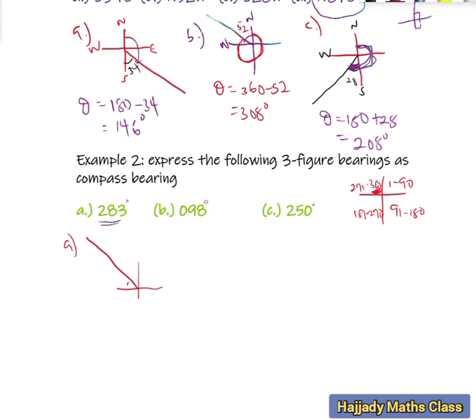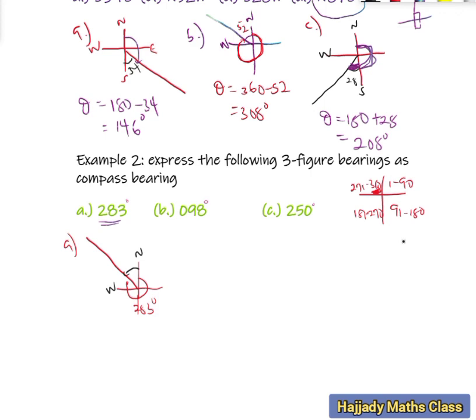So that means from the north down here is going to be 283 degrees. Now, going forward, don't forget we are representing this as a compass bearing. So our compass bearing, this is our north and this is my west. So I'm coming from my north to this point at which we have our bearing.